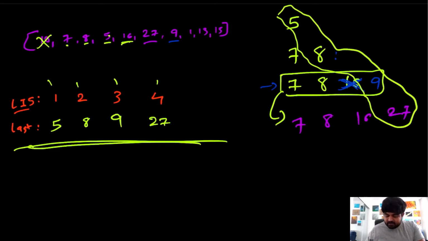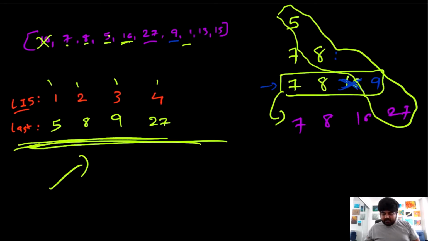And because all the values are in an increasing order, it becomes pretty easy for us to find where we are going to add any new value in this array and which value we are going to update. So this is the main logic behind patience sort.